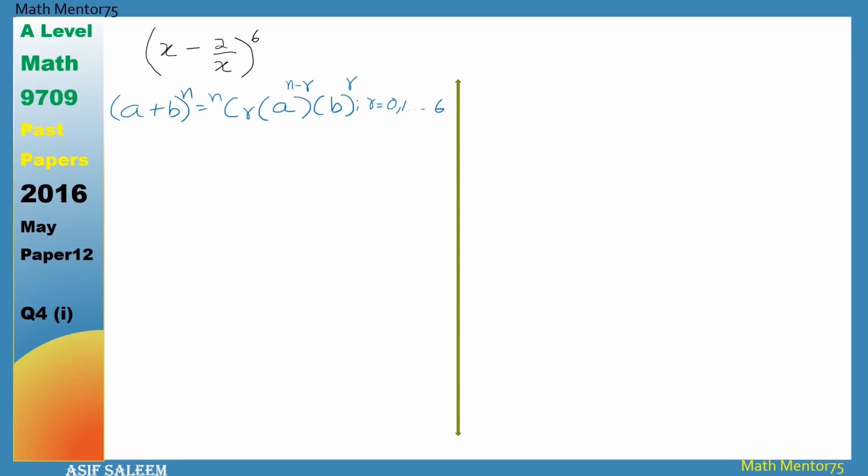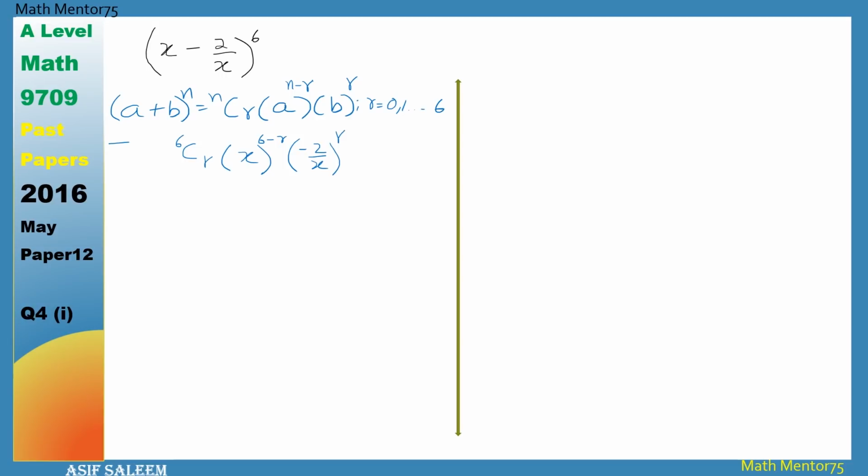For this particular question, it would be 6Cr x raised to the power 6 minus r times (minus 2 over x) raised to the power r.